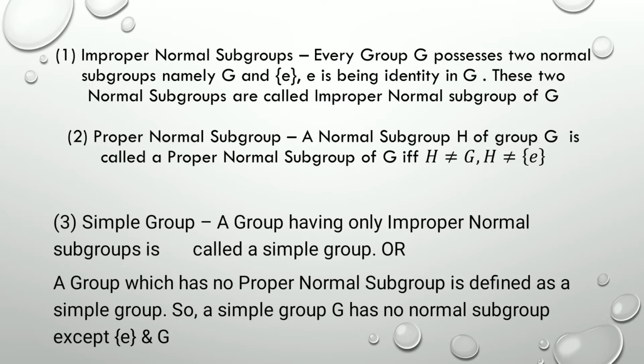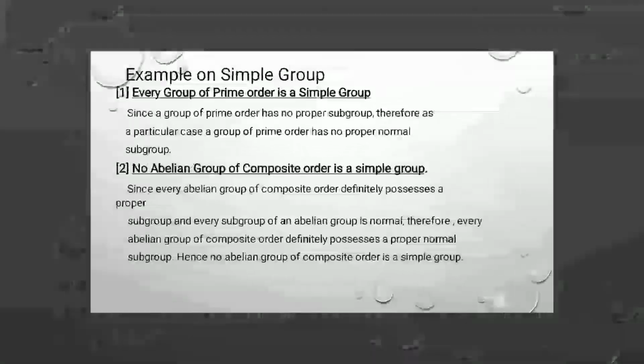So a simple group G has no normal subgroup except E and G. The point to be noted is that a simple group has only improper normal subgroups, or in other words, no proper normal subgroup except E and G. Okay, now move to the next slide.